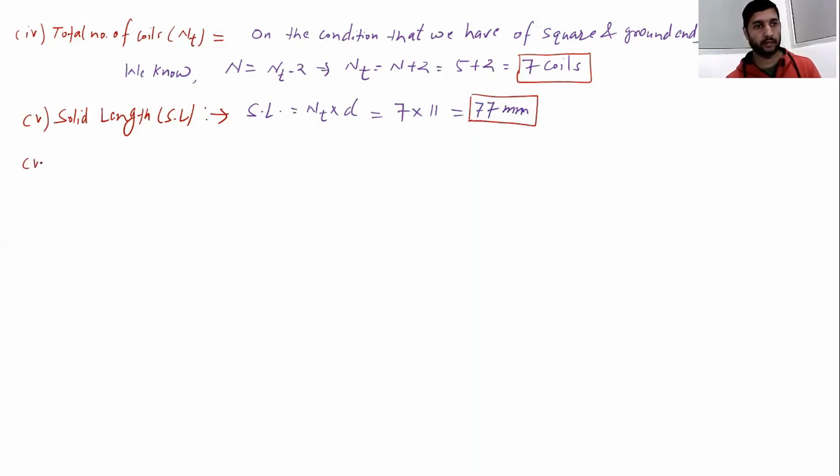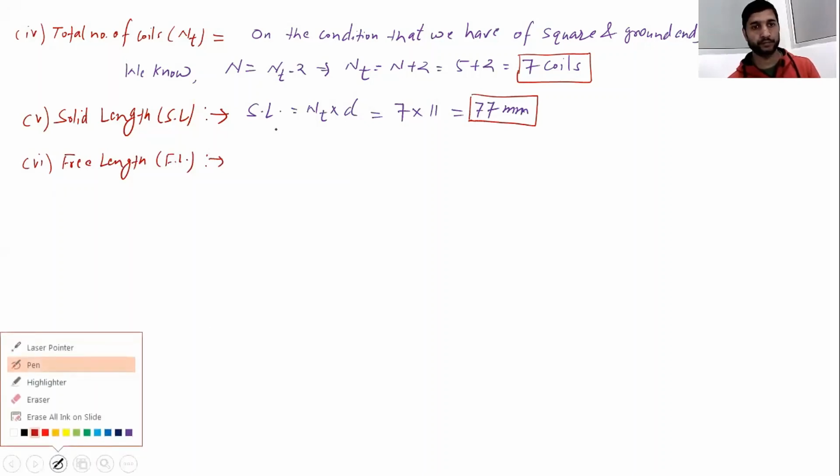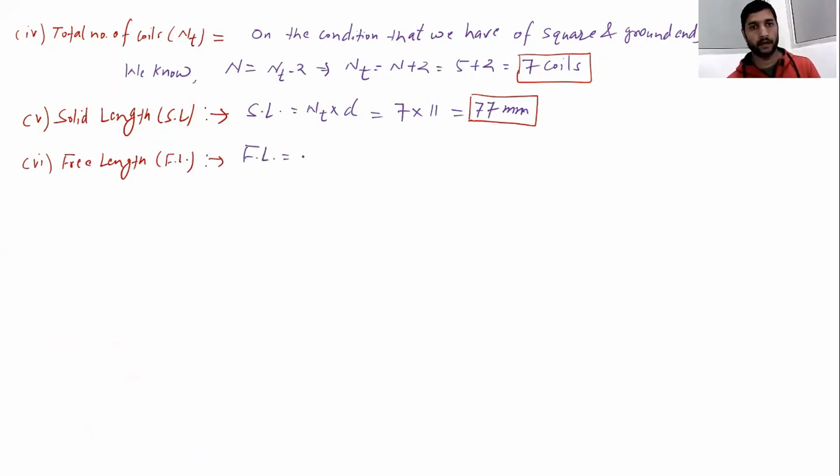And next we have free length. Okay, next we have to find out free length. So now free length, as directly I'm writing the formula, that is solid length plus total axial gap plus deflection actual.